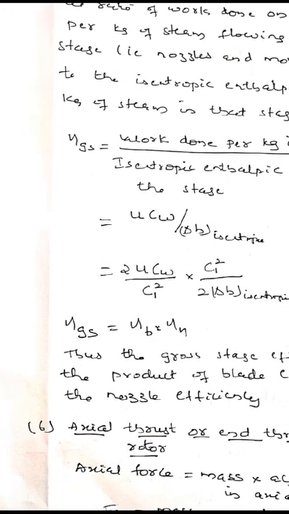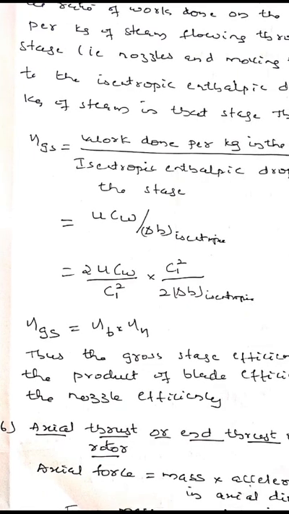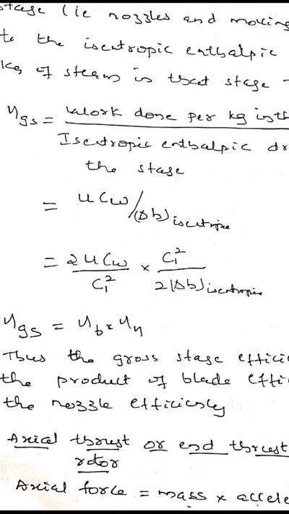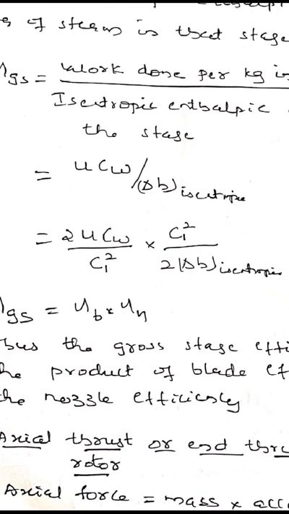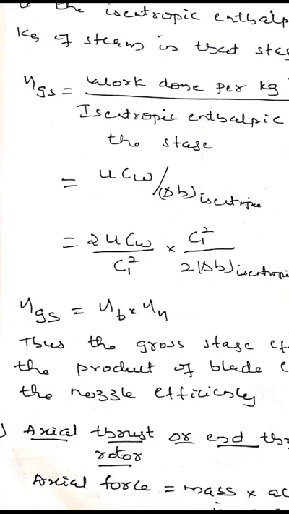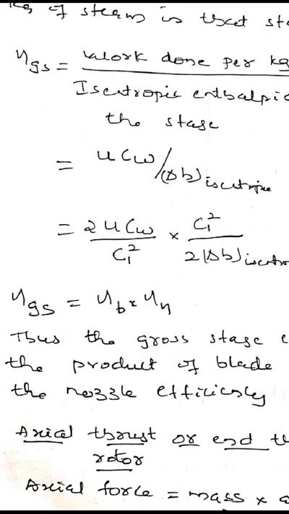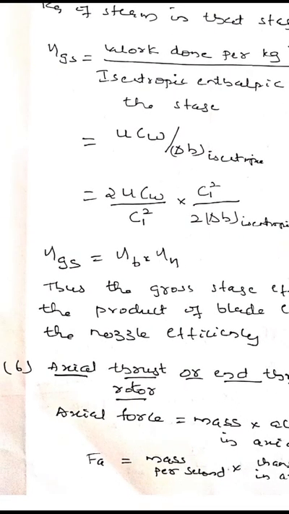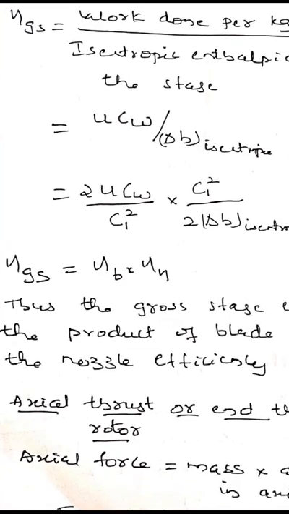It is eta_gs equal to U Cw divided by delta H isentropic. When we split it like this: 2U Cw by C1 squared into C1 squared by 2 delta H isentropic. So eta_gs equals blade efficiency into nozzle efficiency. So gross stage efficiency is the product of blade efficiency and nozzle efficiency.